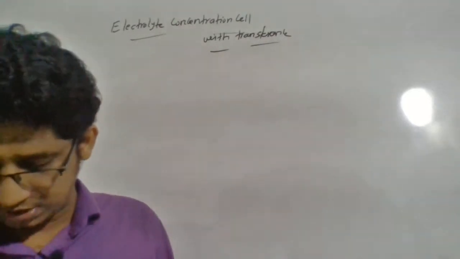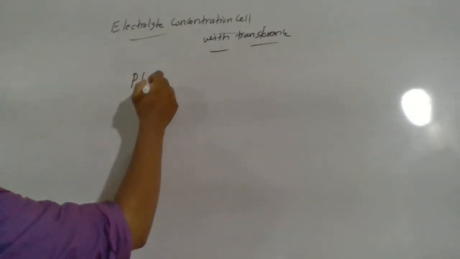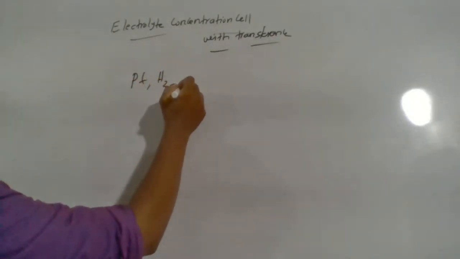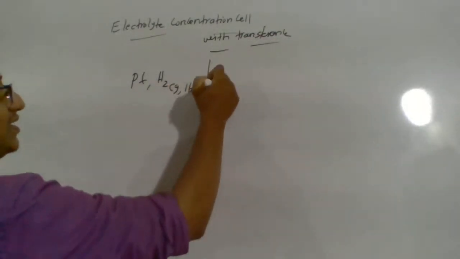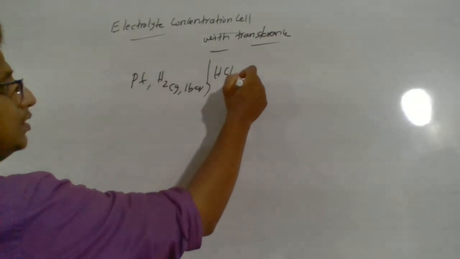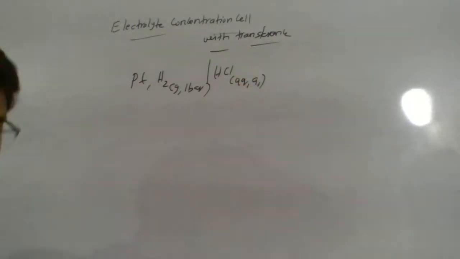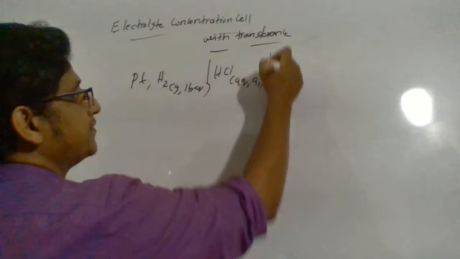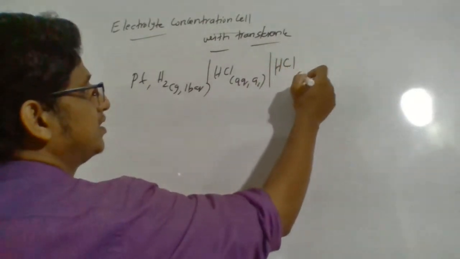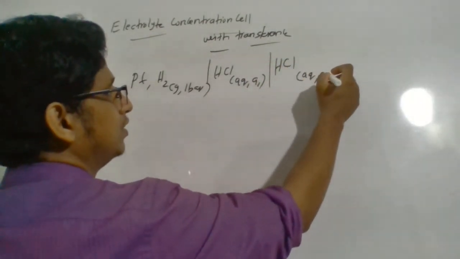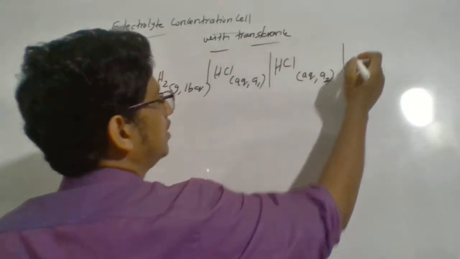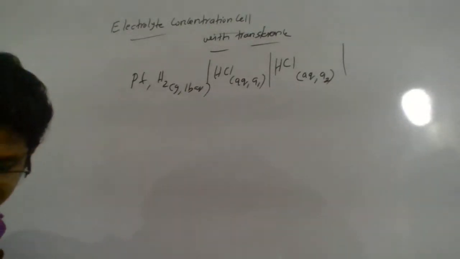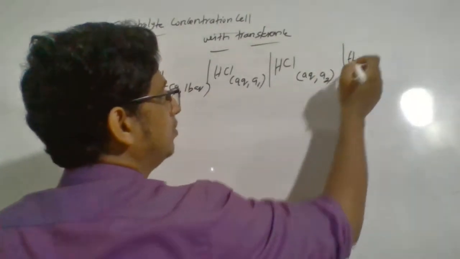Let us start with the same electrode. So here platinum, hydrogen gas, 1 bar pressure, HCl aqueous A1, this time separated by another solution whose concentration is A2, where the electrolytes are allowed to mix with each other.